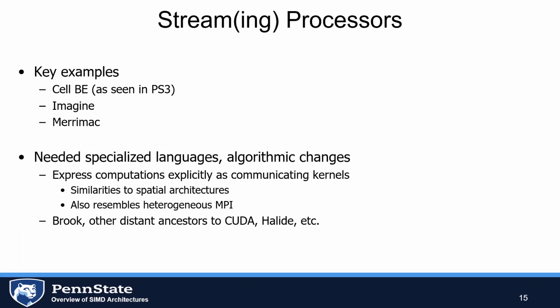And the way that this worked, because you did not program these in the same way that you programmed general purpose processors, was you wanted to construct a set of communicating kernels, each of which had their own fully private, fully explicitly managed memory stack, and then a means of communicating records to other kernels that would then process them.